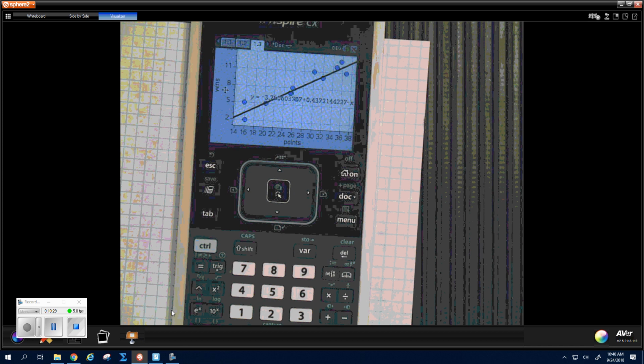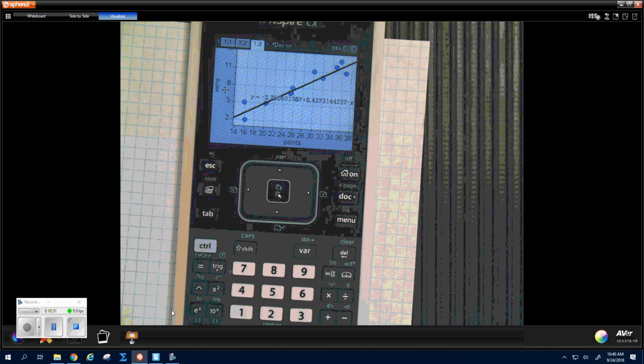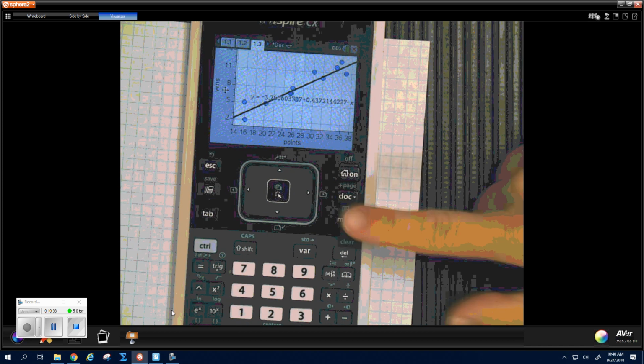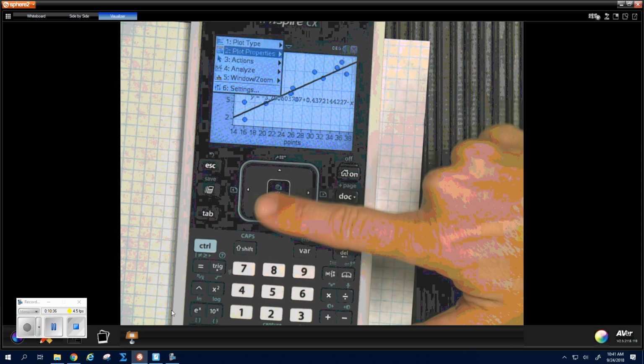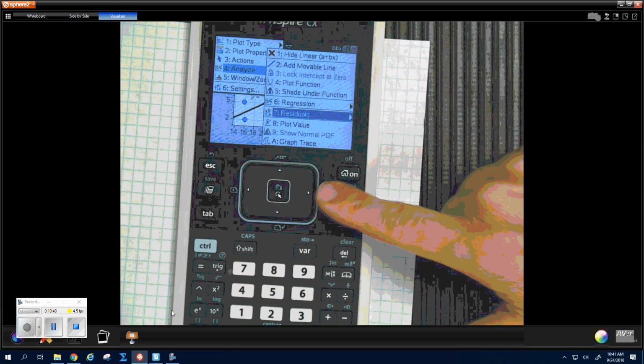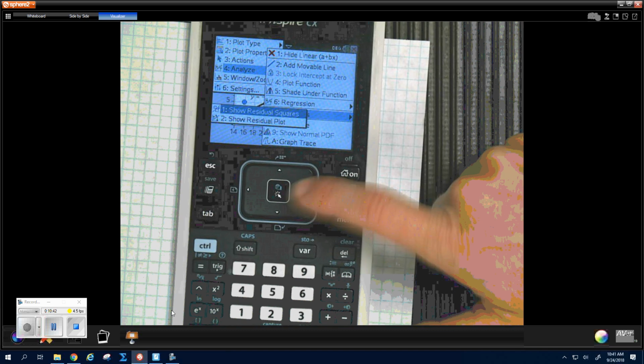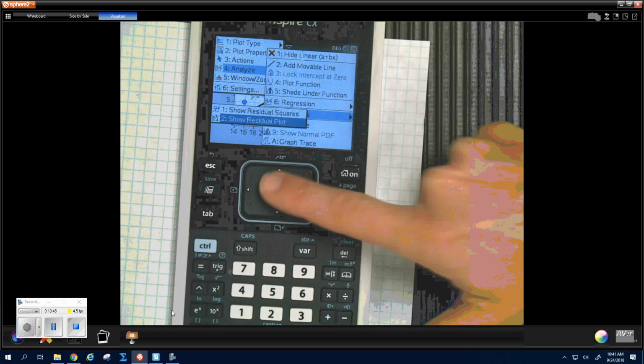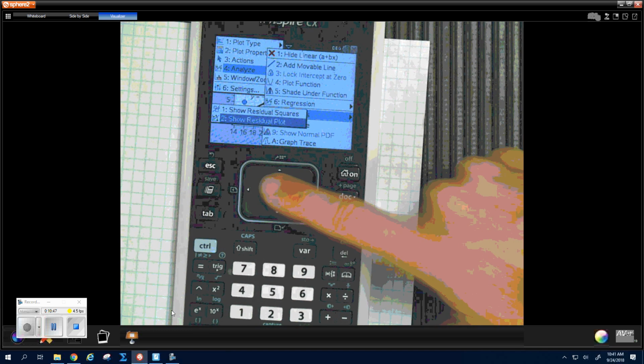So we're going to make a residual plot on our calculator. You have to always do this first, and you have to have this line of best fit in order to find the residual plot. So everybody go to Menu, then go to Analyze, then go to Residuals, and then go to Show Residual Plot.